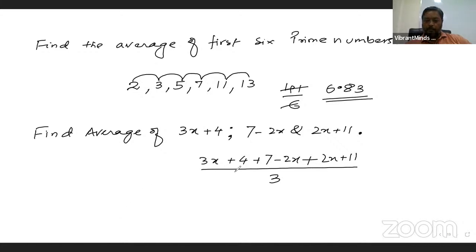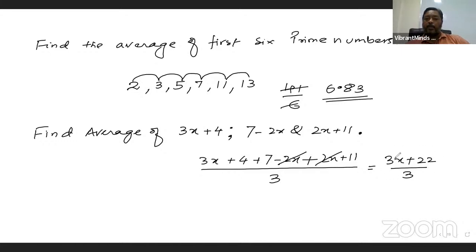What we will get here? Understand, 2x and 2x will get cancelled. Now what we have over here is 3x plus 22 by 3.